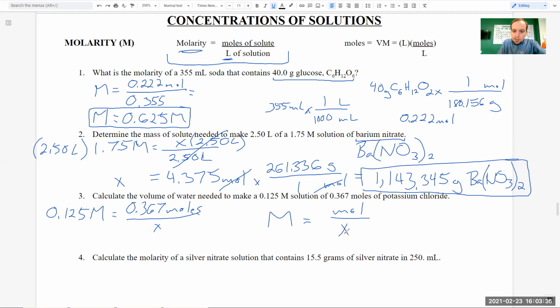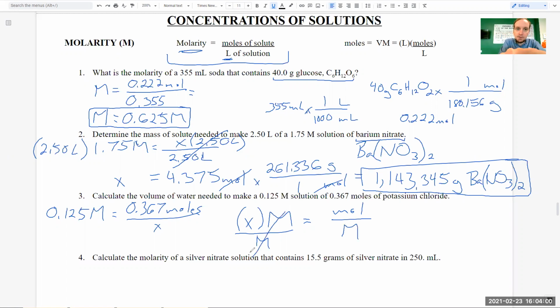So algebraically, the way we'd want to do this is we would want to multiply both sides by X, okay? What that does is that cancels that out. Again, I'm just showing you guys some algebra real quick. So now that we have this, what I need to do to get X all by itself is divide both sides by molarity.